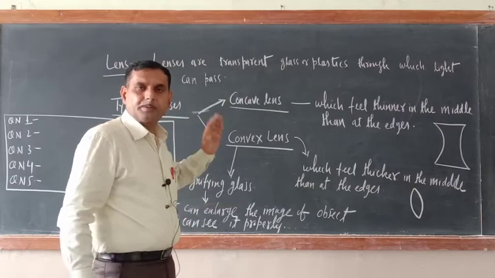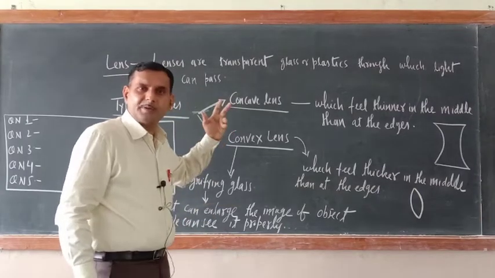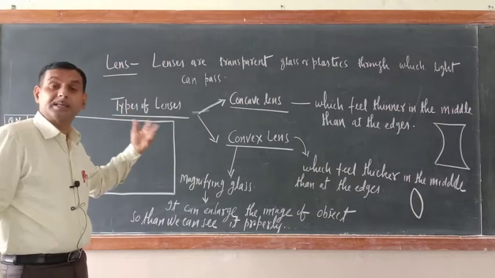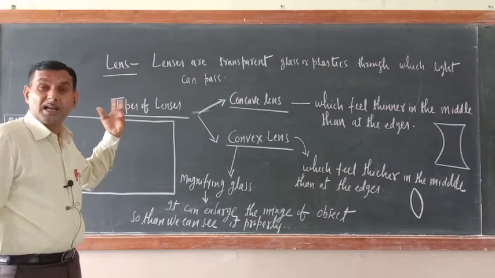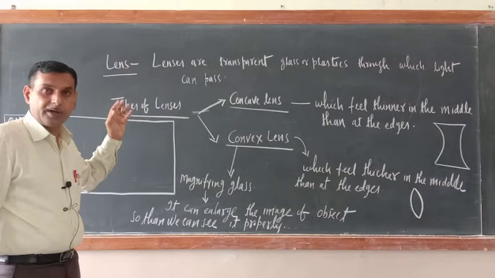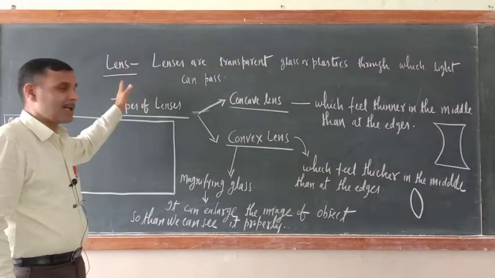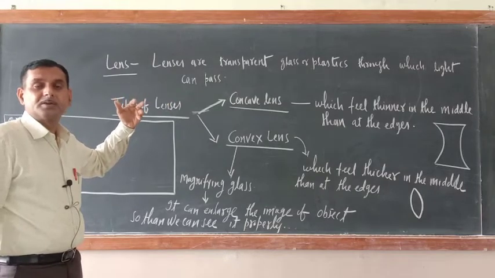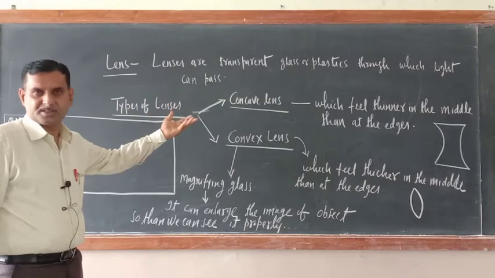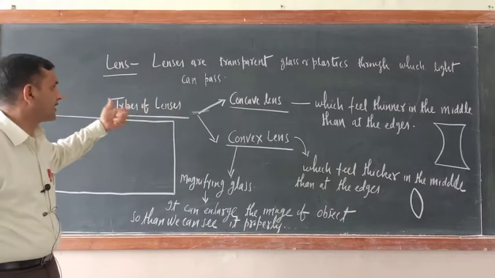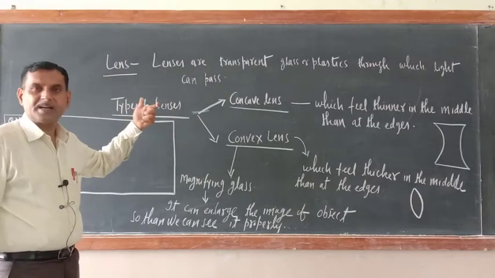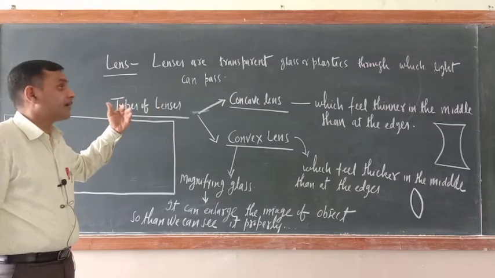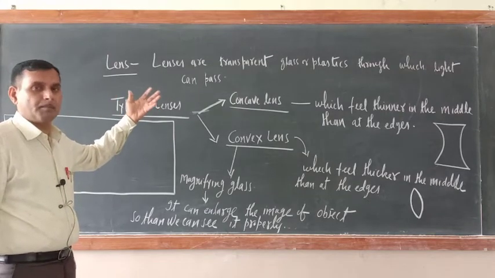Actually, if they were not transparent, they could not have been used as a lens in the eye, okay. So just try to understand, lenses are nothing but transparent. Transparent means through which we can see across. So lenses are transparent glass or plastics through which light can pass.